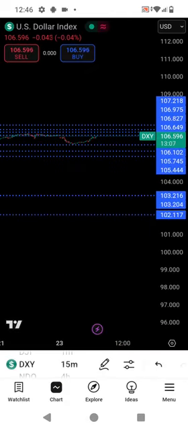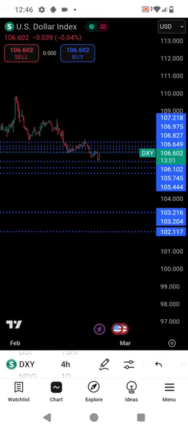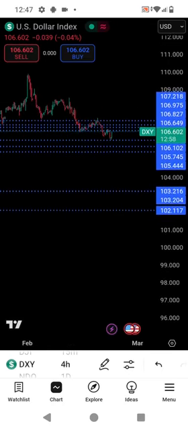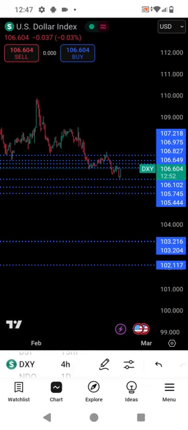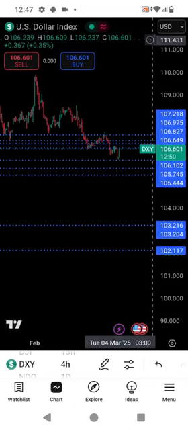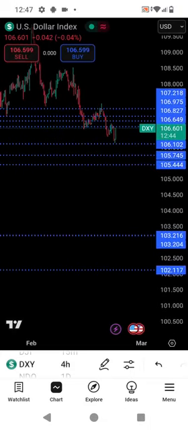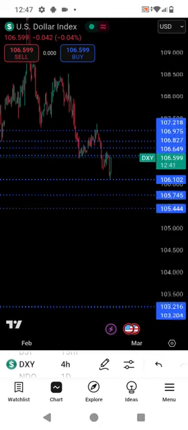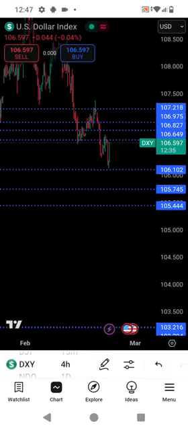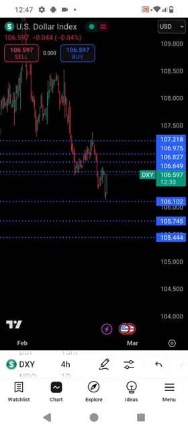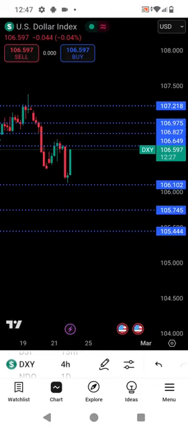I'm trying to learn how to use this TradingView on my phone. Much better, yeah.